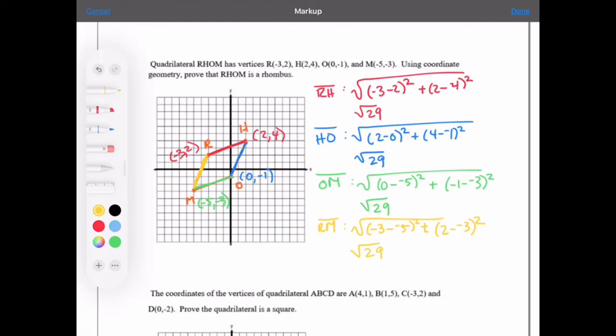All we have to do is write our concluding statement. So quadrilateral RHOM is a rhombus because all 4 sides are congruent.